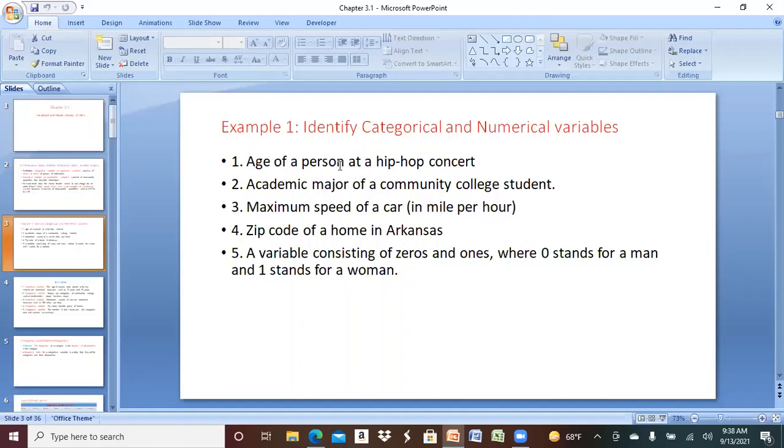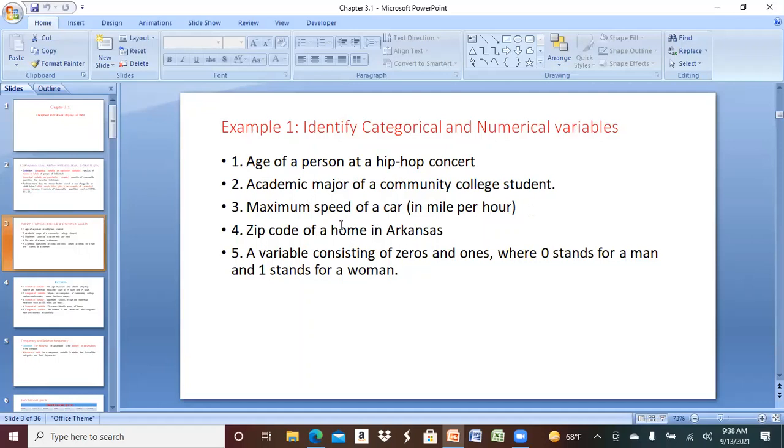Look, the age of a person. If the person is 50 years old, 60 years old, that is called a numerical variable. Academic major of a community college student, that is a categorical variable. Maximum speed of the car in miles per hour, for example, 60 miles per hour, 75 miles per hour, that is a number, so it is a numerical variable.